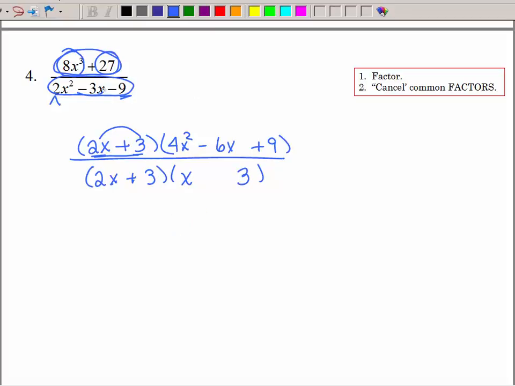So let's see, I just need to get that negative 3x in the middle. That's 3x. That's 6x. If I make that positive and that negative, that's going to get me that negative 3x in the middle. So again, use other parts of the problem to maybe help you factor different parts of the problem. So factor what you know first, and then hopefully you're trying to match something else up, kind of like, oh, well, that matches, put that, just give it a try.